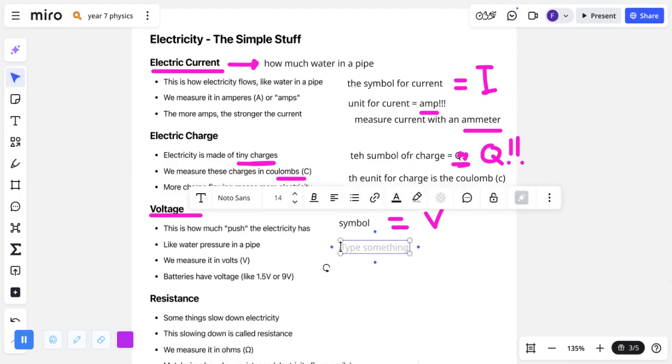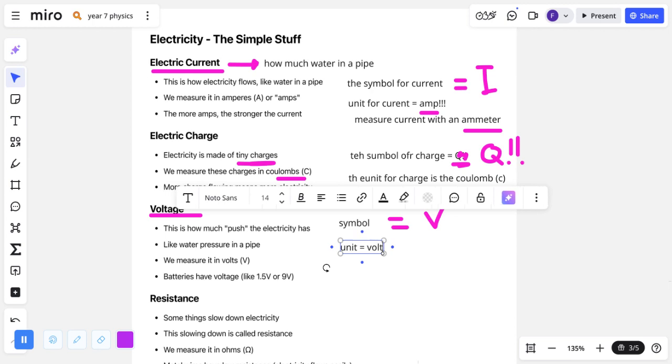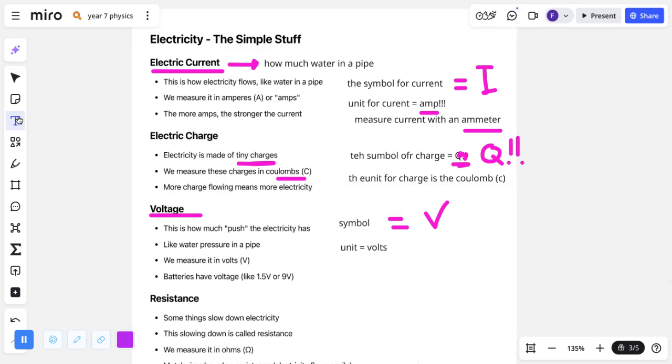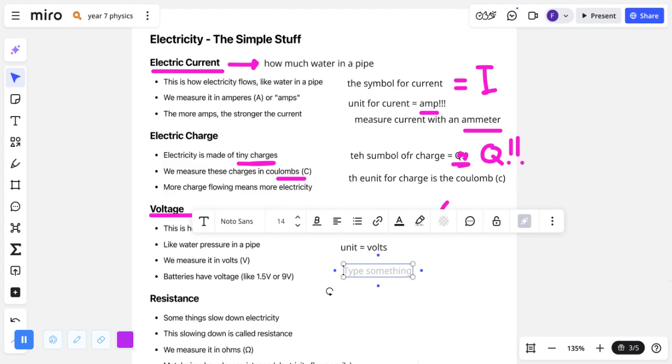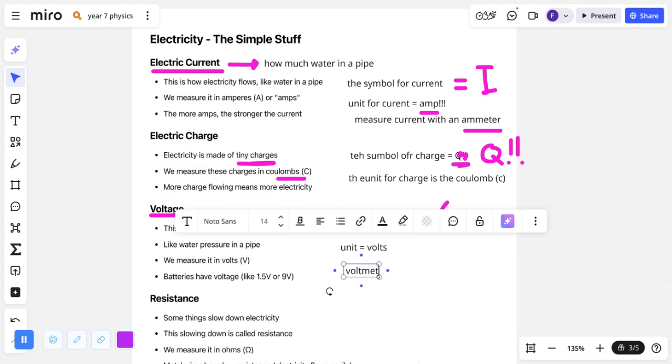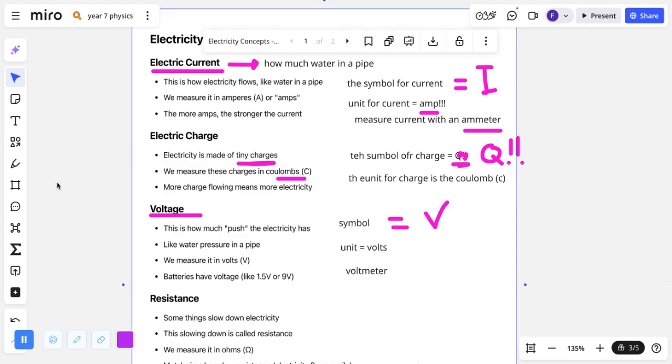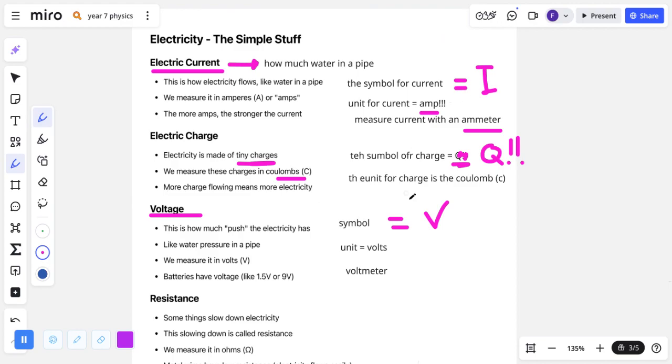Voltage has the unit volts, and you measure it with a voltmeter. Okay. Now, I want to be careful with all of this. The symbol is V. The unit is volts. You measure it with a voltmeter. Voltage is the easiest one, so that's why I left it near the end.